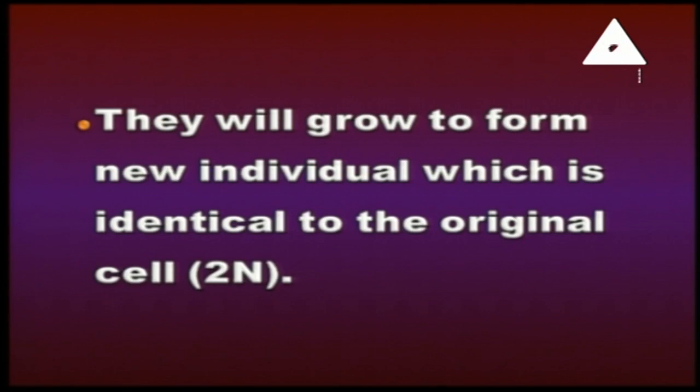This way of asexual reproduction is known as spore propagation: the spore falls on a moist piece of bread, then grows by mitotic division to produce a new individual identical to the parent cell, containing the same number of chromosomes.